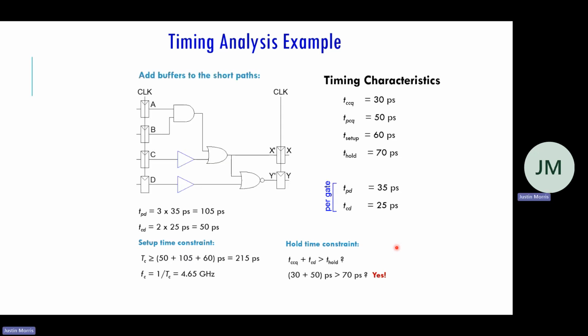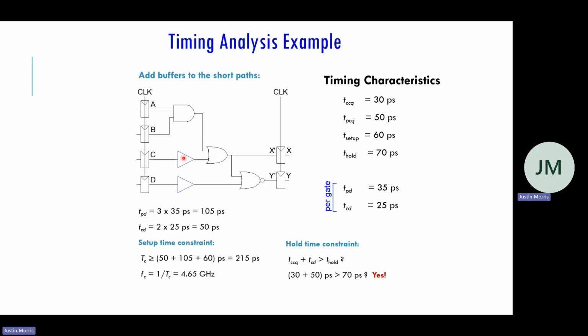Yeah, a buffer. We need buffers. So it doesn't affect the overall time, because we need to have a longer clock period anyway in order to satisfy the case of the propagation delay of the longest one, right?